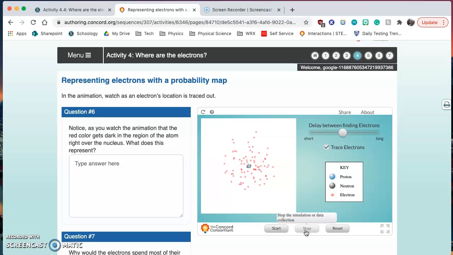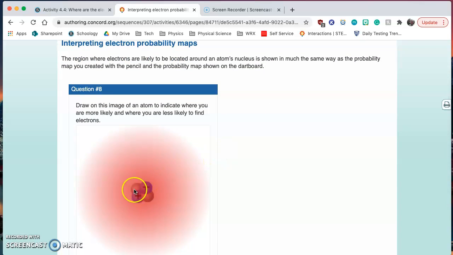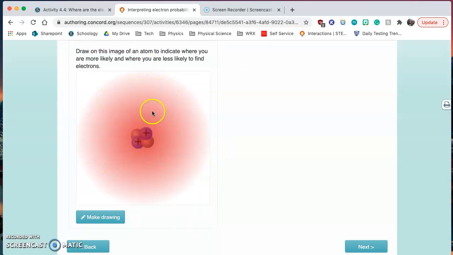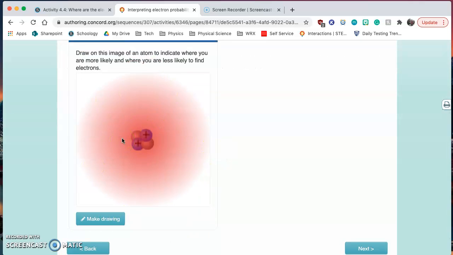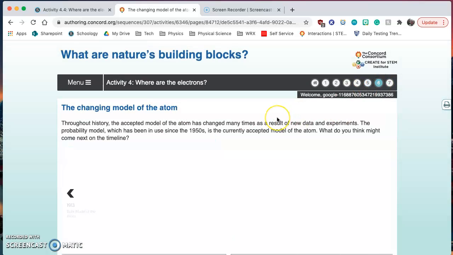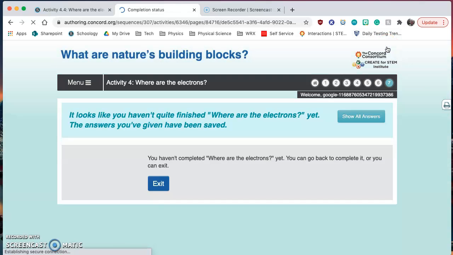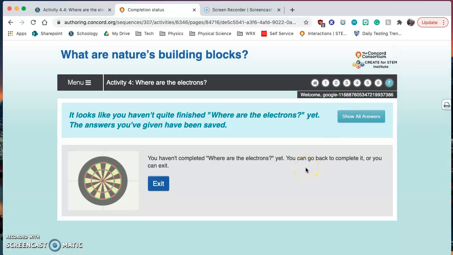And that's going to show you where those higher probability areas are. There's an image here for you to sketch on, really asking you where you think you're most likely to find an electron in that atom. Another small bullet point on our interactive timeline, and that's going to take us through activity 4.4.